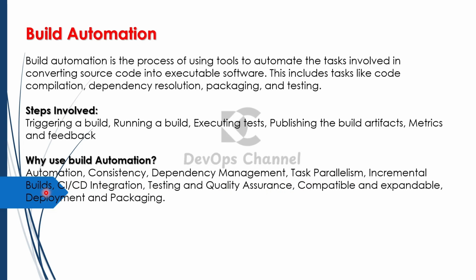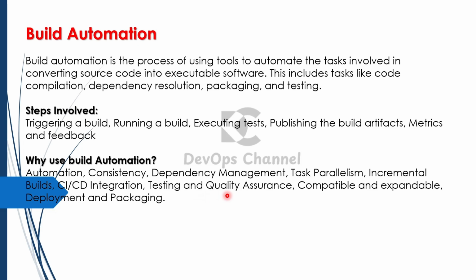Build automation is used with CI/CD integration. When the developer writes their code, they need to publish or build it, and then release it. Next is testing and quality assurance. This does not come in every tool; some advanced tools have this option.